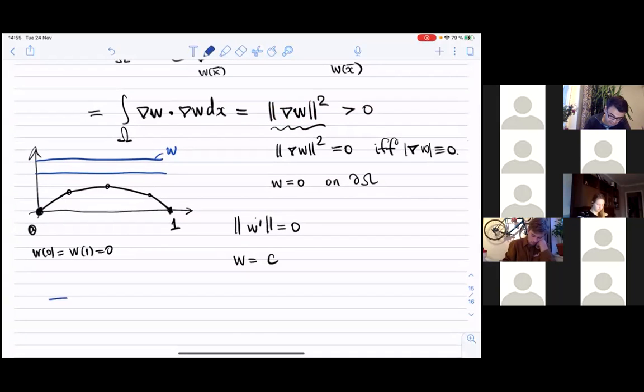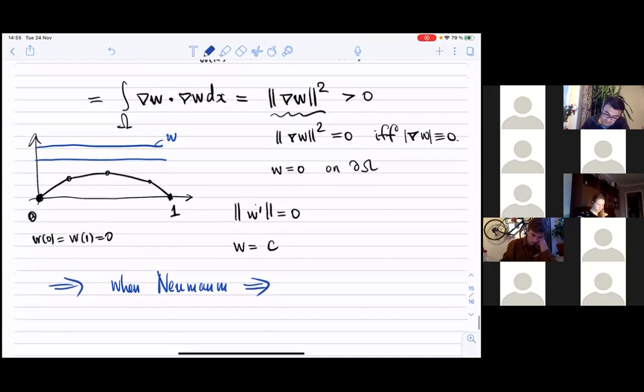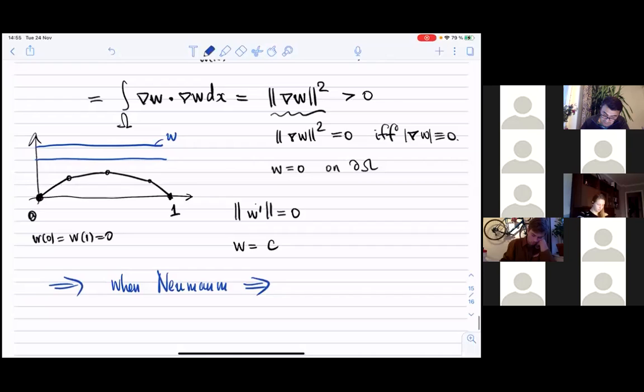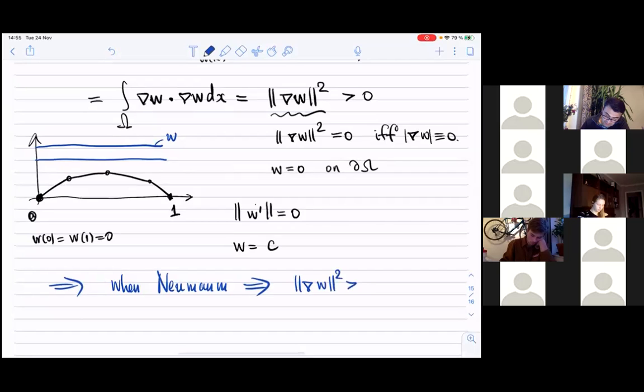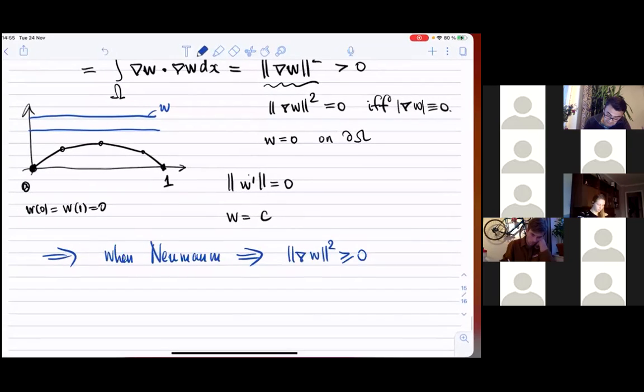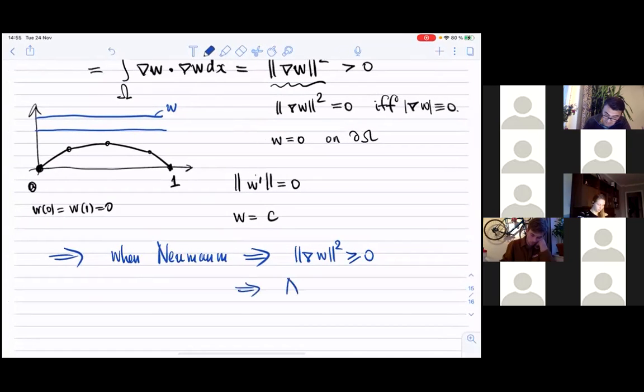So conclusion 1 is that when we have Neumann boundary condition, any constant is allowed, then this norm of grad w squared is bigger than or equal to 0. So there will be many cases where it is equal to 0. Therefore, in this situation, A is called positive semi-definite.